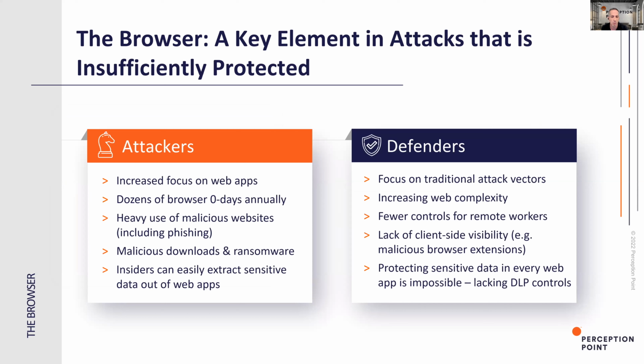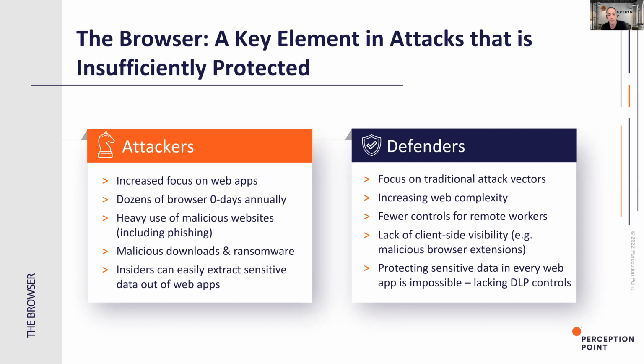So this is where the attackers are looking. And they actually find dozens of browser 0-days annually in Chromium, which means that they impact Chrome and Edge. And those vulnerabilities are critical vulnerabilities that within a single visit to the wrong website can take ownership over your endpoint. And this is something that you see over and over again, doesn't really stop.